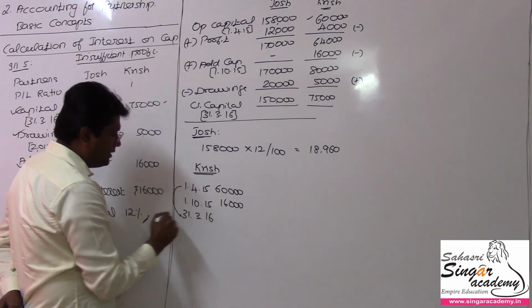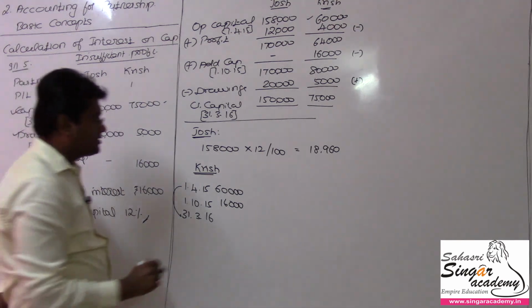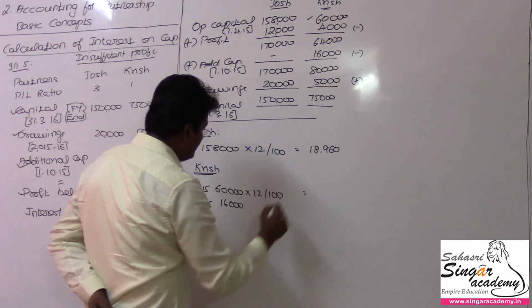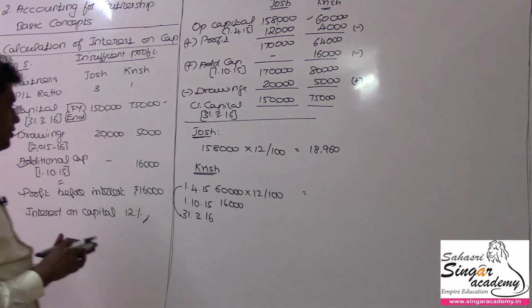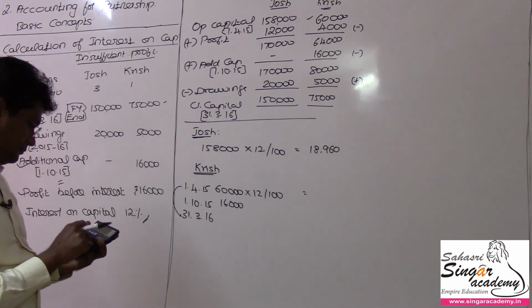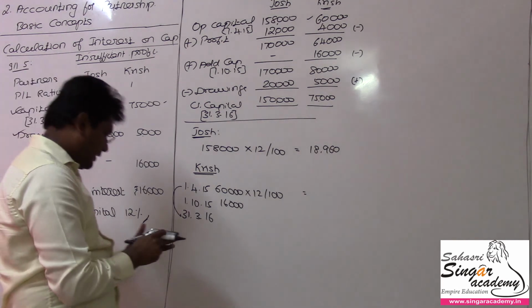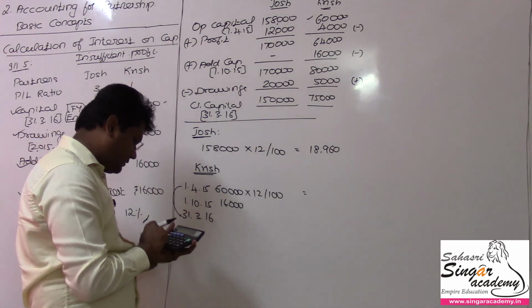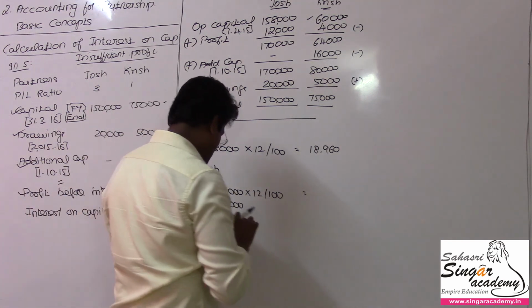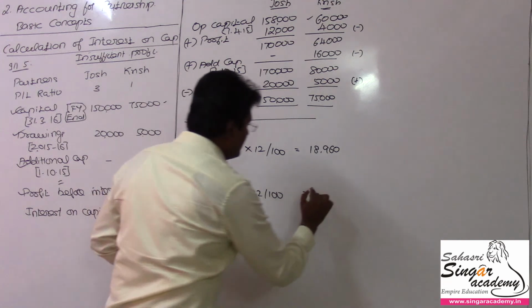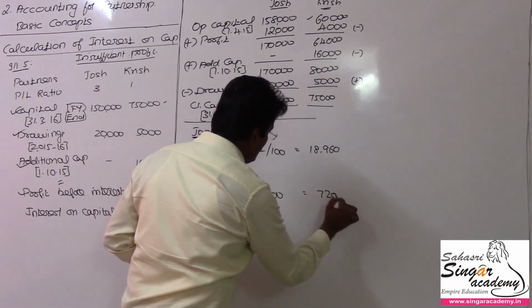For the first amount, he is eligible for one full year's interest. So 60,000 into 12/100, the value will be 7,200.